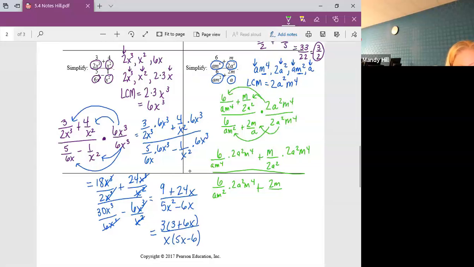And this time I might show you how we could do a little bit of this work ahead of time instead of having to write everything down again.